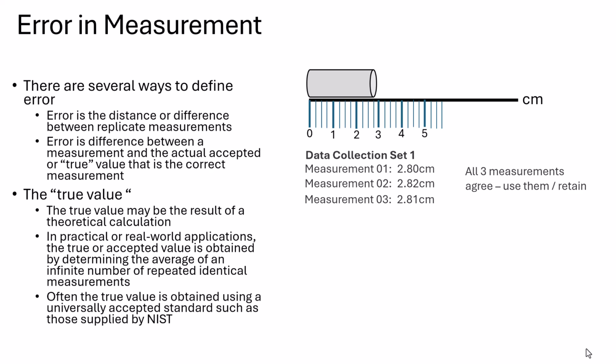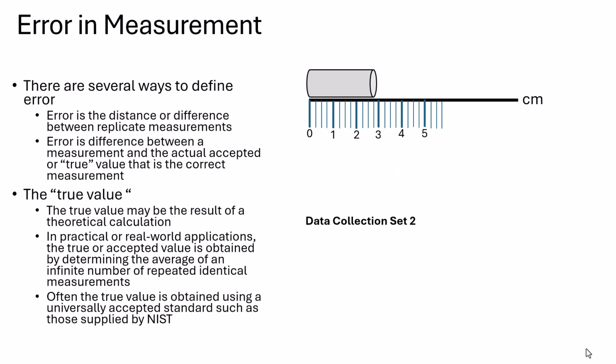Suppose another individual collects data set 2. These are the measurements that individual 2 collected: 2.80 centimeters, 1.82 centimeters, and 2.81 centimeters. You can see that the 1.82 centimeters is pretty different, by a factor of 1.0, from the other two.